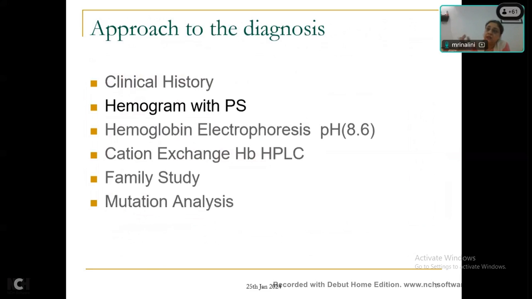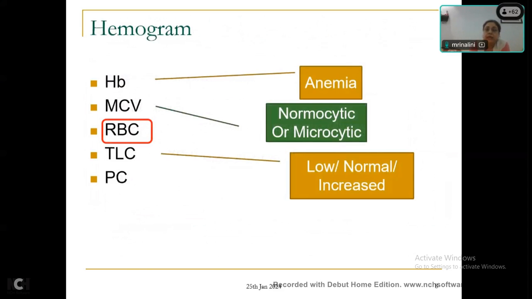HPLC, and then you don't stop there. You always then follow it up with a family study, and in some difficult cases we also need to do a molecular study to know the exact mutation. So in hemogram, what do we see? We look for presence of anemia, or no anemia in certain heterozygous beta thalassemia traits.